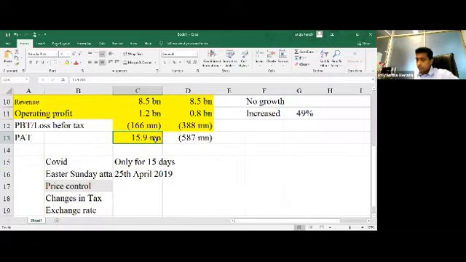What is meant by reversal of tax? For income tax, we make a provision, right? We don't know the exact income tax liability at the end of the financial year, so you do an estimate. You estimate the income tax liability for this year at the end of the year.